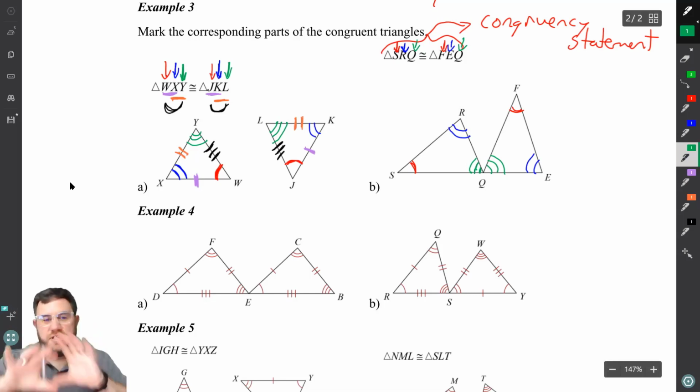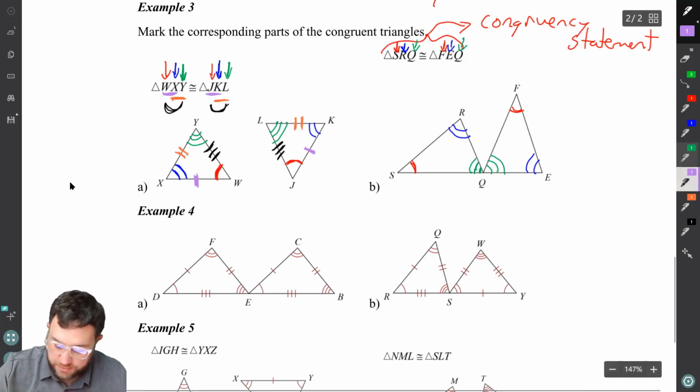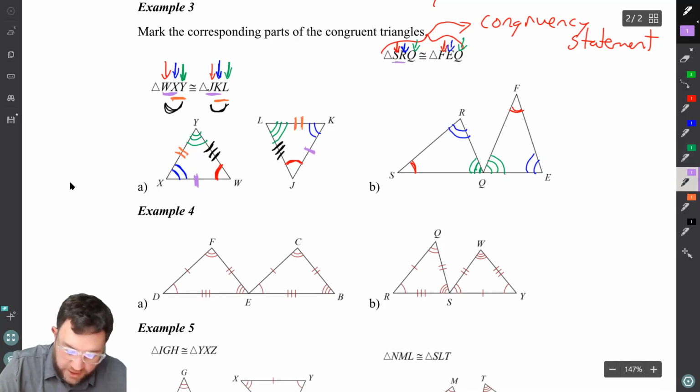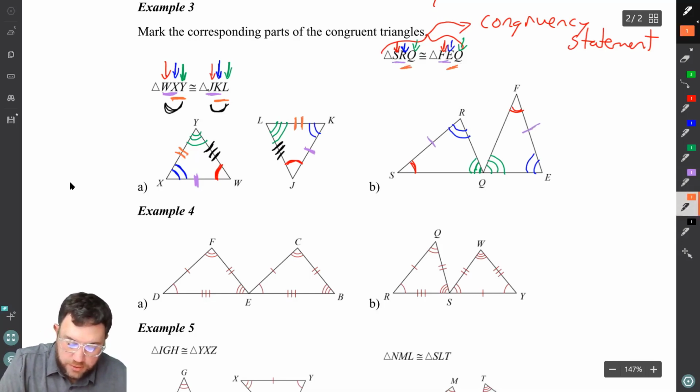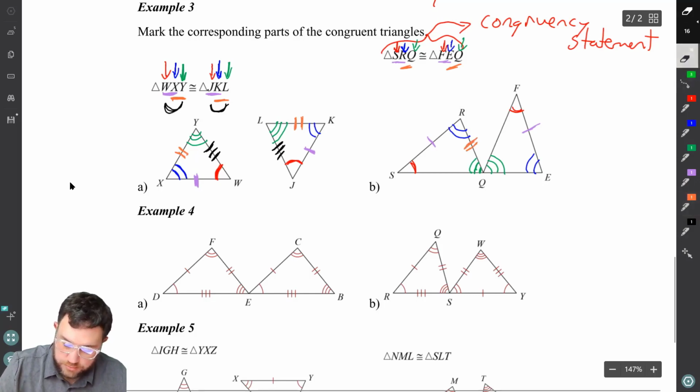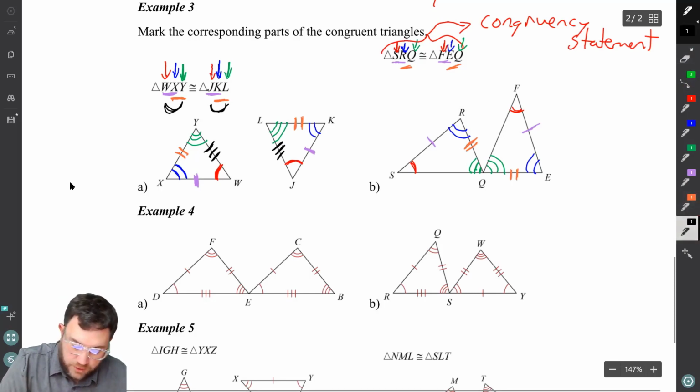But if we looked at the triangles separately, that's how it would be. Then we've got SR goes with FE. RQ goes with EQ. And then SQ goes with FQ.